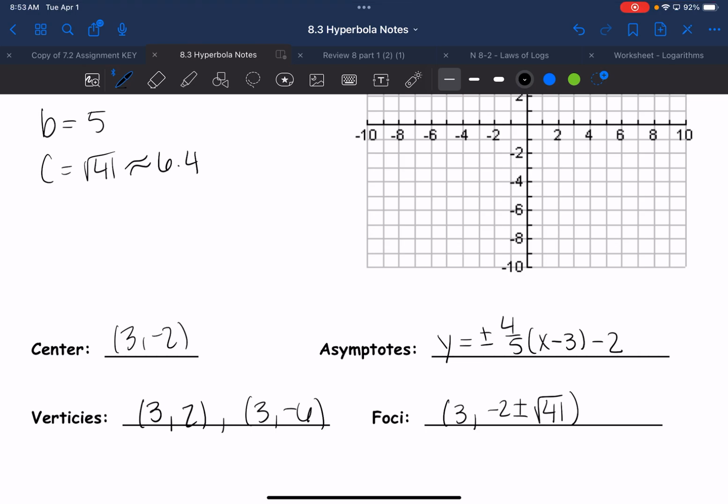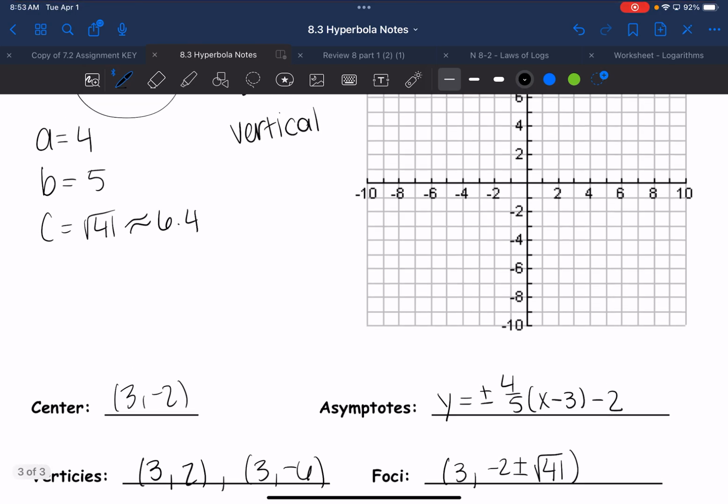Okay, so let's graph this. We've got a center at +3, -2.